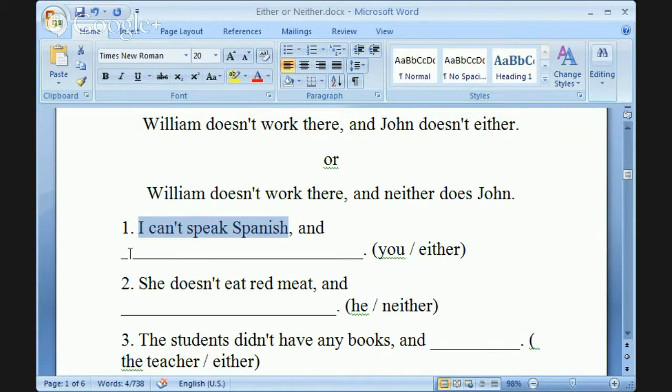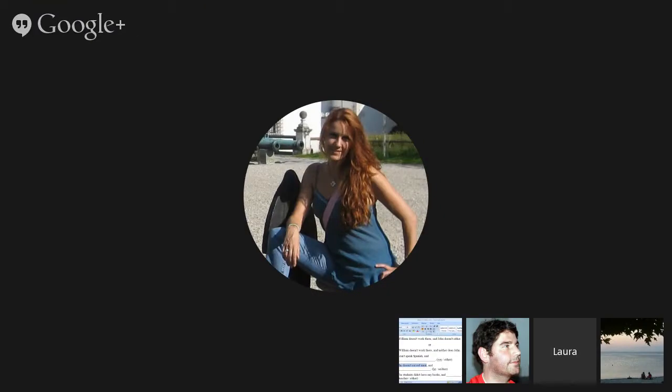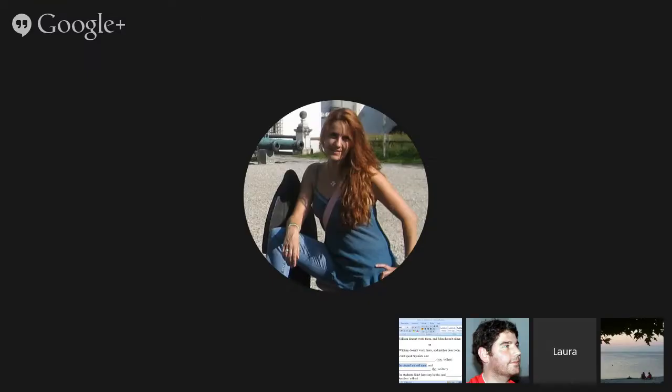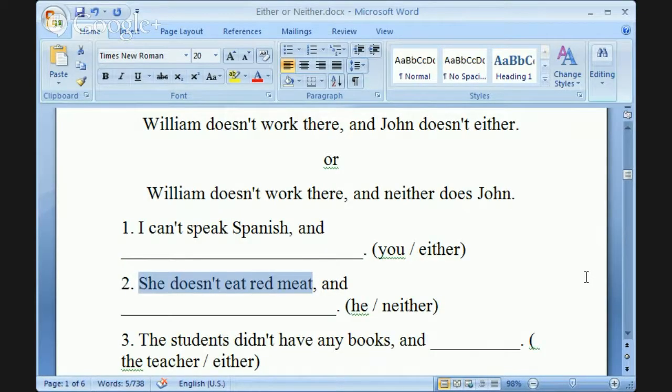Excellent. Laura, can you give it a try? Yes. She doesn't eat red meat, and neither he does. The subject will come at the end of the sentence. Yeah. Does him. That's it. It's actually a very strange construction, but it's always the same.